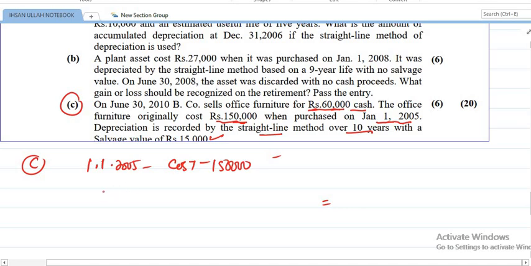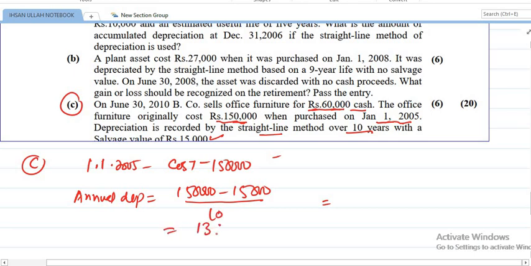So first we have to calculate the annual depreciation, and we know that annual depreciation is equal to cost, which is 150,000, less scrap value, which is 15,000. The useful life is 10 years. So the annual depreciation you will get 13,500, if you calculate this.